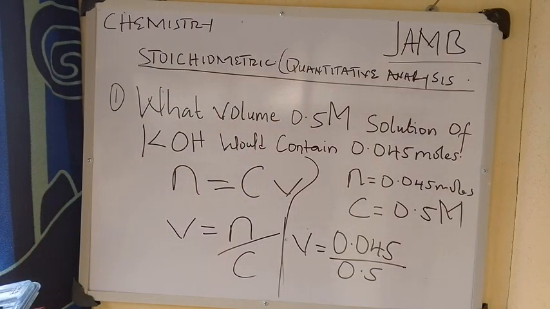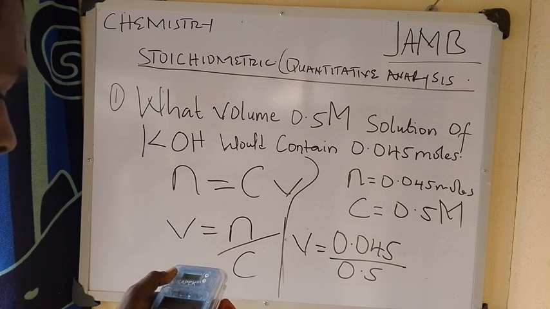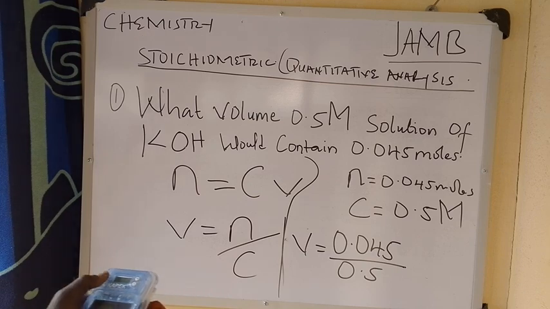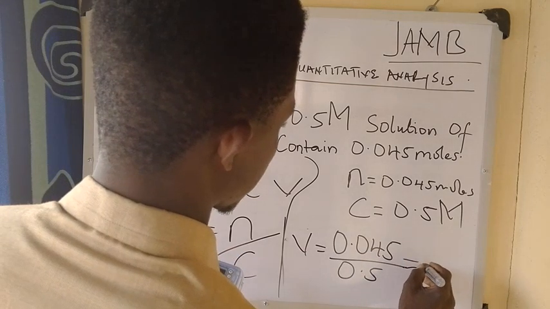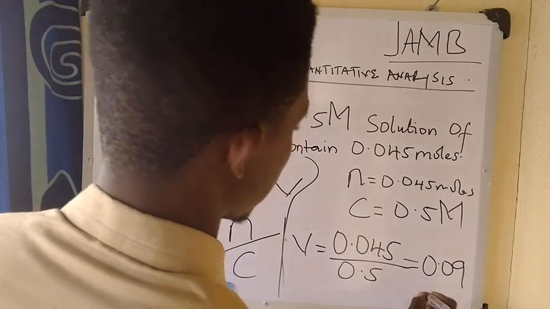So if you divide 0.045 by 0.5, this gives us 0.09 dm cube.